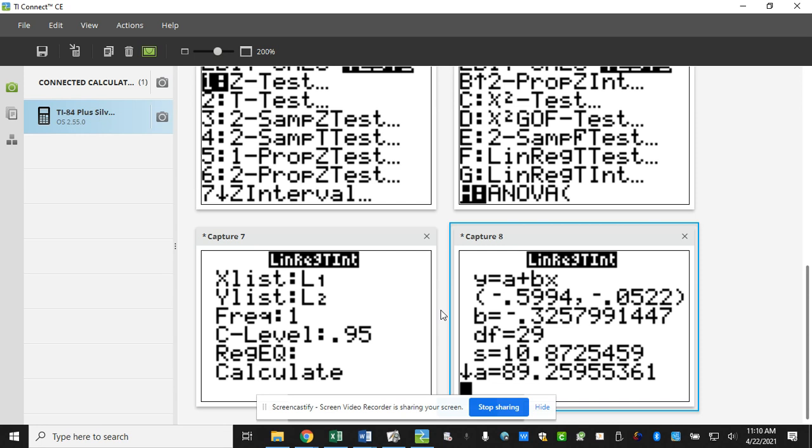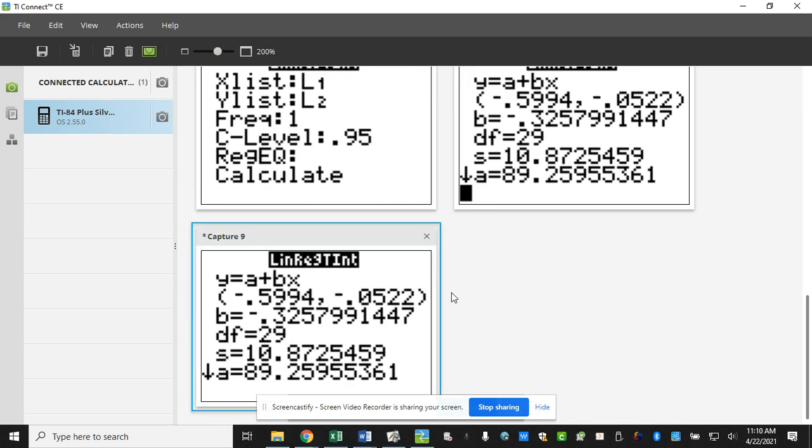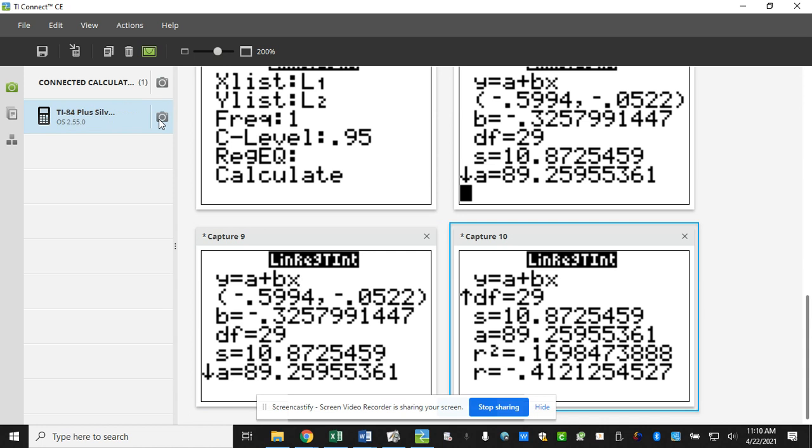And then because it's an interval, not a test, it's giving us our lower and upper, which is negative 0.5994 and negative 0.0522. And then our R squared is 0.1698. Our R is negative 0.4121.